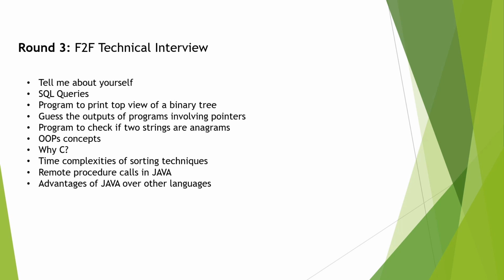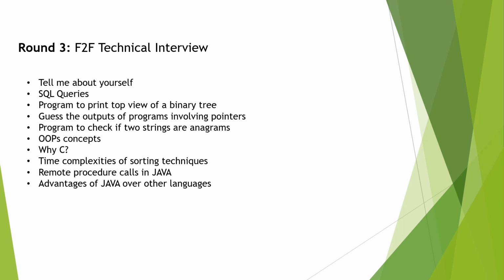Next, he gave me 2 programs which involved pointers and asked me to guess the outputs of those programs. I was only able to guess the right output for one question. So he said I might be weak at pointers.